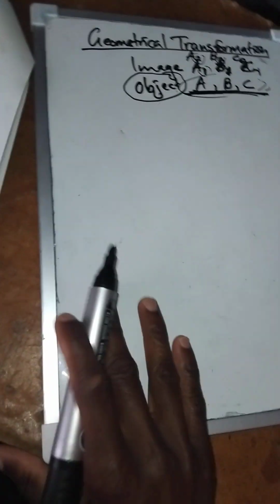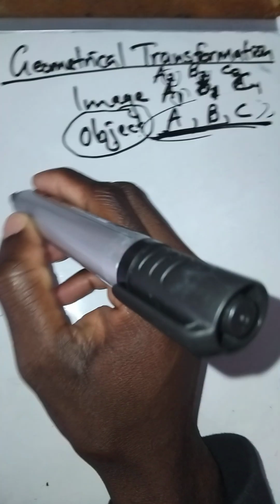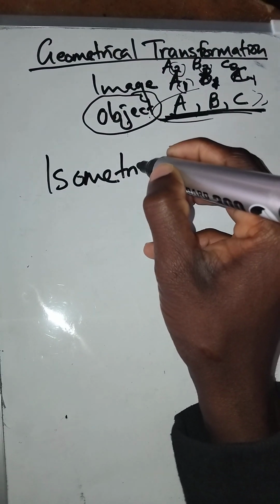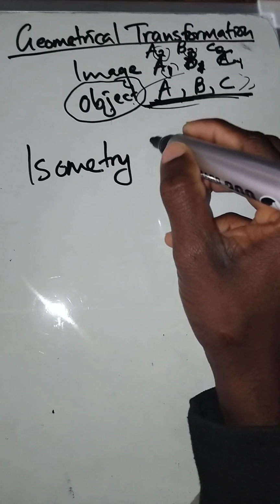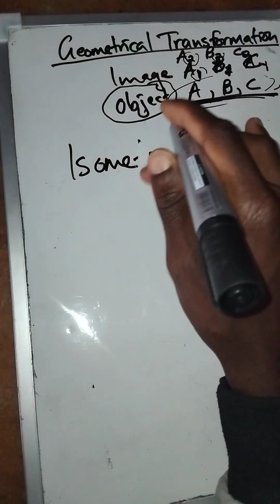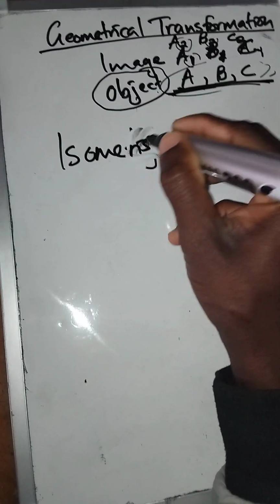Right, triple transformation with isometric transformation, isometric transformation.